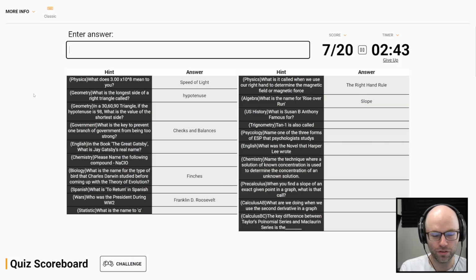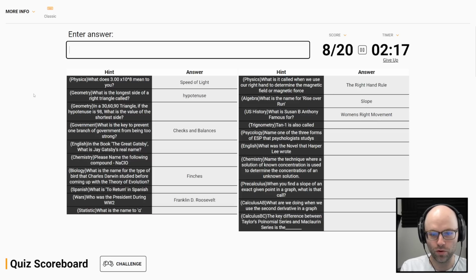Susan B. Anthony is famous for women's suffrage. Women's rights. Okay? Tan 1 is also called 0.5, 0.25. Tan 1 is also called 360 degrees, also called 1, and I don't remember, 90. It's 90 degrees, 98 degrees.